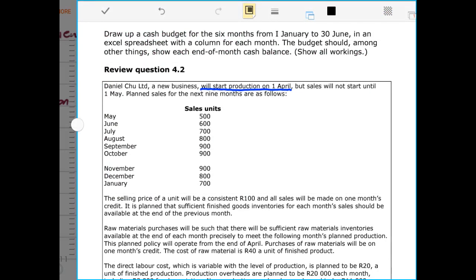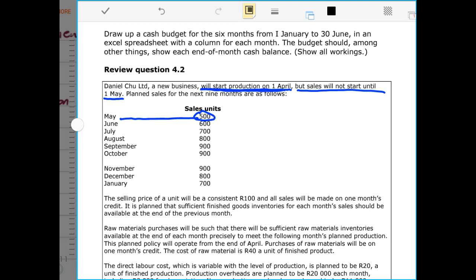Remember, production starts in April, but sales will not start until the 1st of May. As I explained before, the sales that you see in the month of May are the production of April, because before you can sell, we first have to produce.